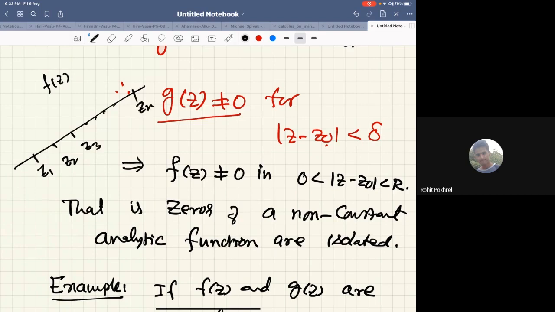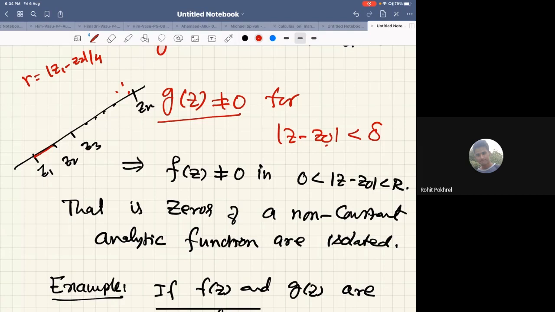What I want to say is that these are isolated means you take the distance between these two points, z1 and z2. Take a ball with radius r, which is nothing but modulus of z1 minus z2 by 4.